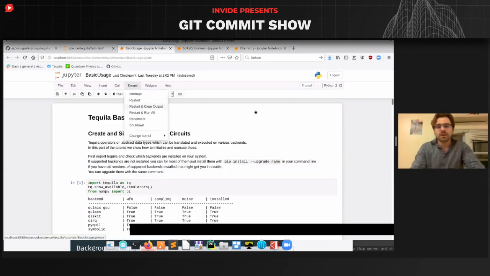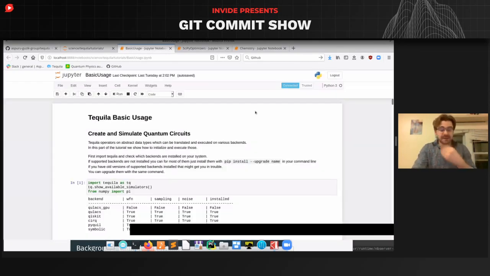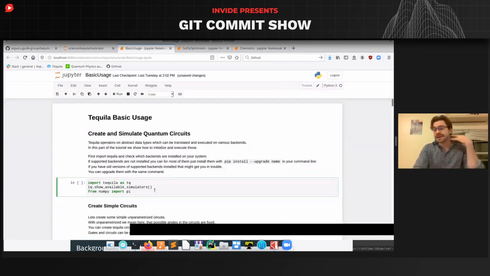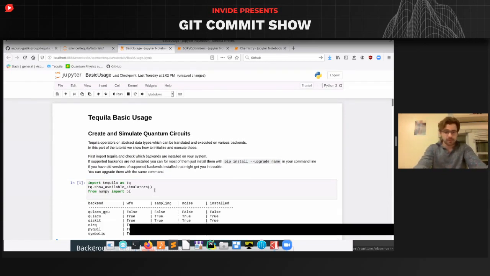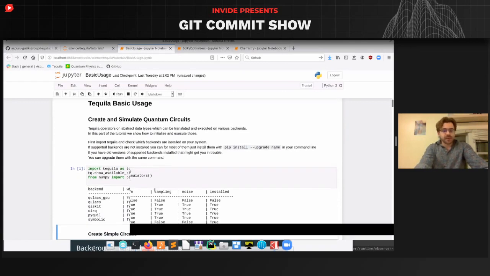So basic usage of Tequila, it's a Python package. It interfaces a large number of other packages. Your favorite quantum simulators like Cirq and Qiskit, respectively packages affiliated with Google and IBM, are all available here. So just import Tequila as TQ and see what simulators we have.